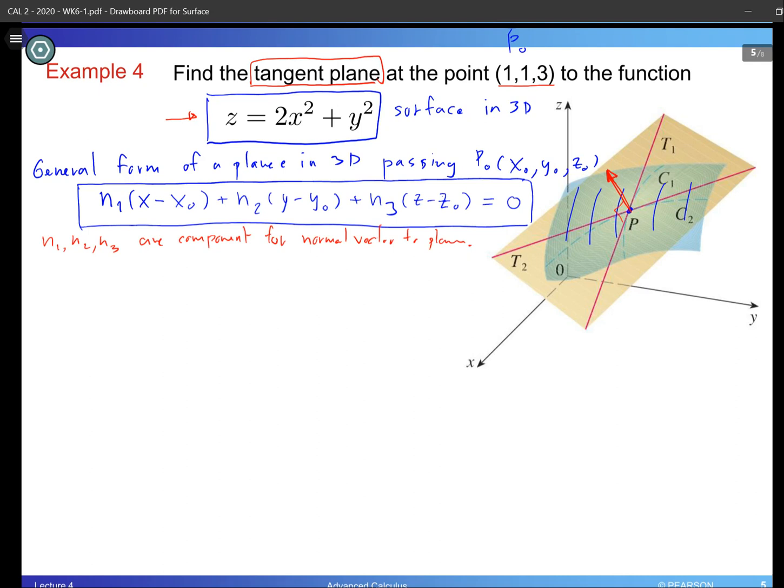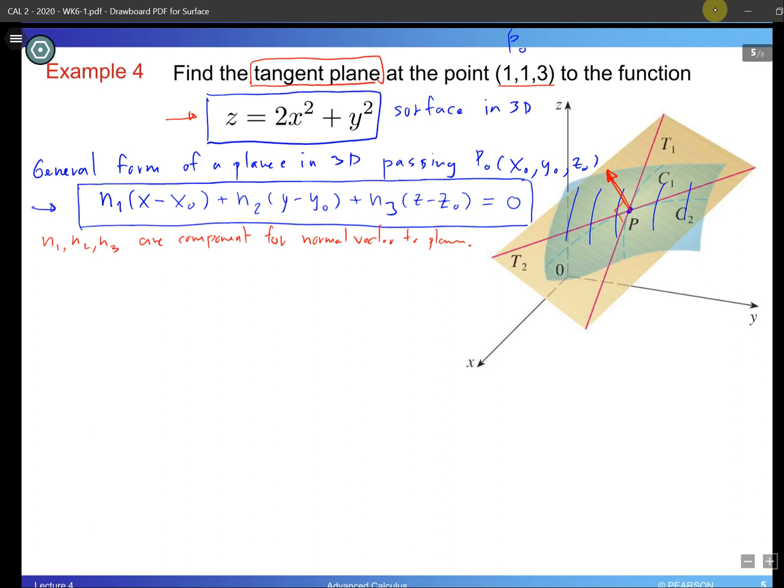So the first thing I'm going to do with this form is to divide all of them with respect to n3. Okay, start with this, divide all the equation with n3 throughout.